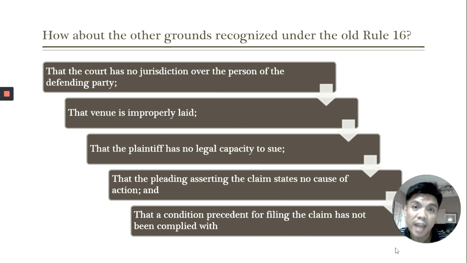These grounds have been used in the past, and they have succeeded in having the cases dismissed. But then they're no longer recognized as grounds for a motion to dismiss under the amended rules.